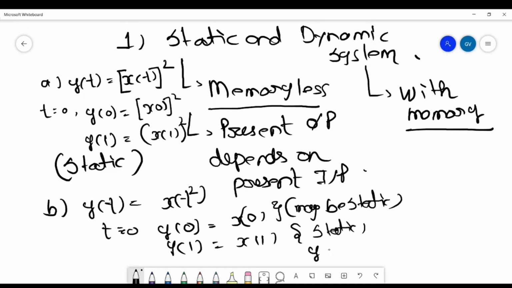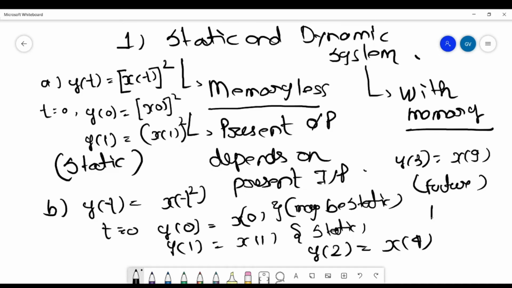Now as I go for t equal to 2, I get x of 4. If I go for t equal to 3, I get x of 9. So we can see that it is depending on the future. It is storing the memory of the future also, so this is our dynamic system. I hope I have made this static and dynamic system easy to understand.